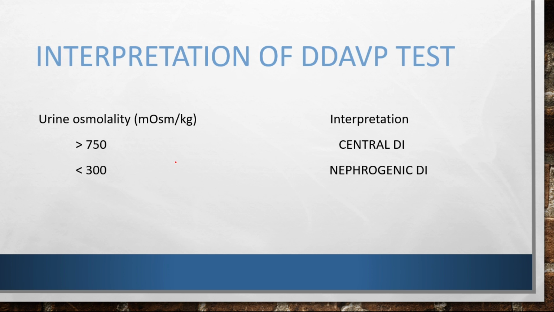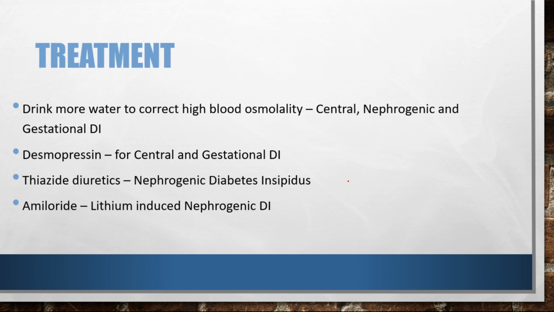If the urine osmolality is found to be greater than 750 milliosmol per kg, that is, previously there would be a lack of ADH in the blood, so we can consider it as central diabetes insipidus. But if the urine osmolality remains below 300 milliosmol per kg, then we can say that there is resistance to ADH in the kidney, so that is nephrogenic diabetes insipidus.